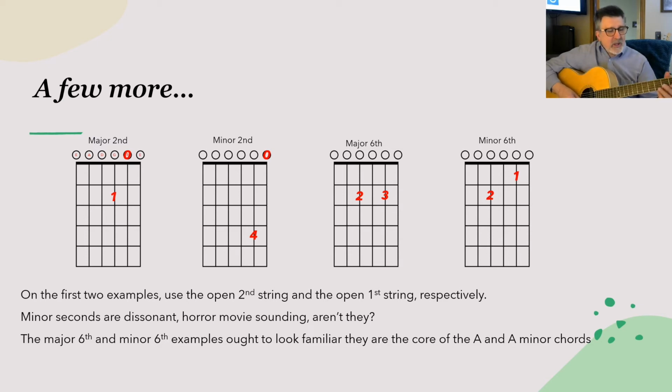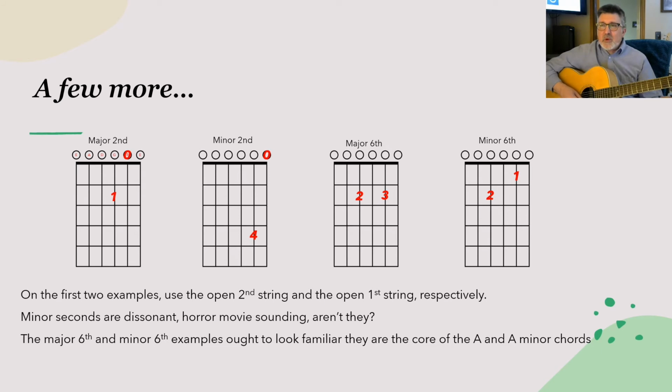Let's put your fourth finger on the fourth fret of the second string, and then we're going to play the open string underneath it. If we play them together, it's the stuff of horror movies, right? That's what they're used for.